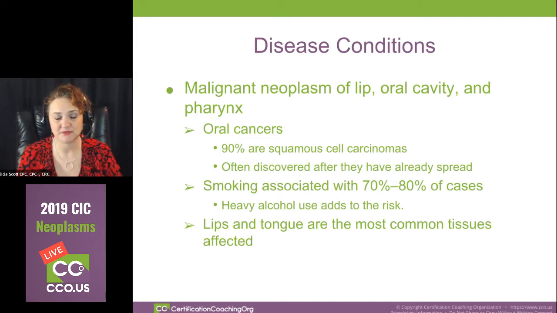Smoking is associated with 70–80% of all oral cancer cases. And did you know heavy alcohol use makes your risk of cancer higher? Lip and tongue cancer is the most common type of oral cancer.